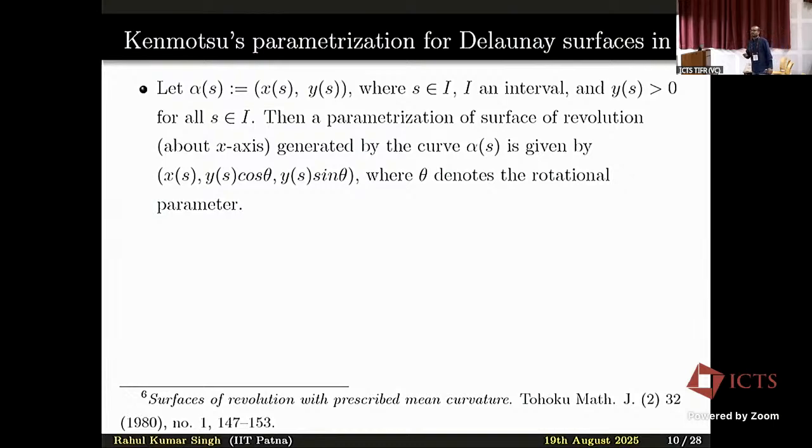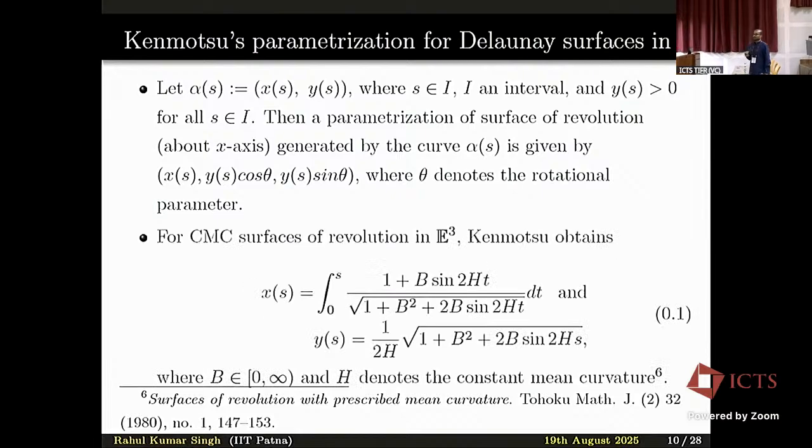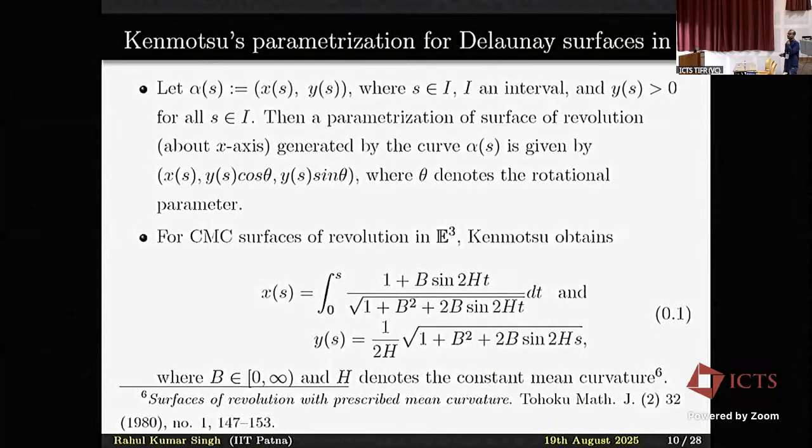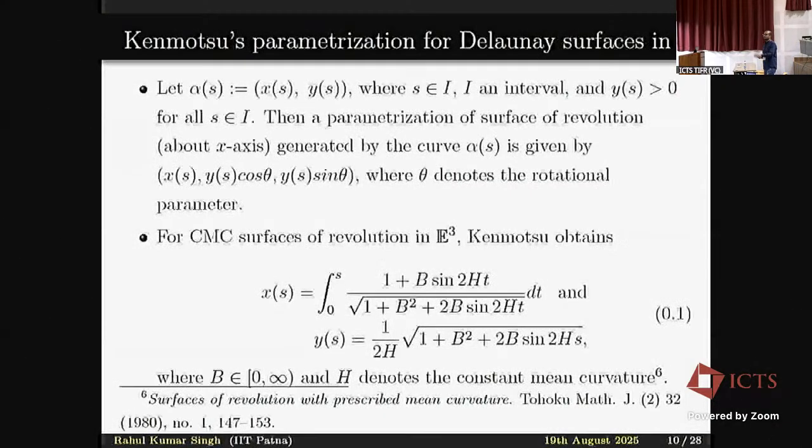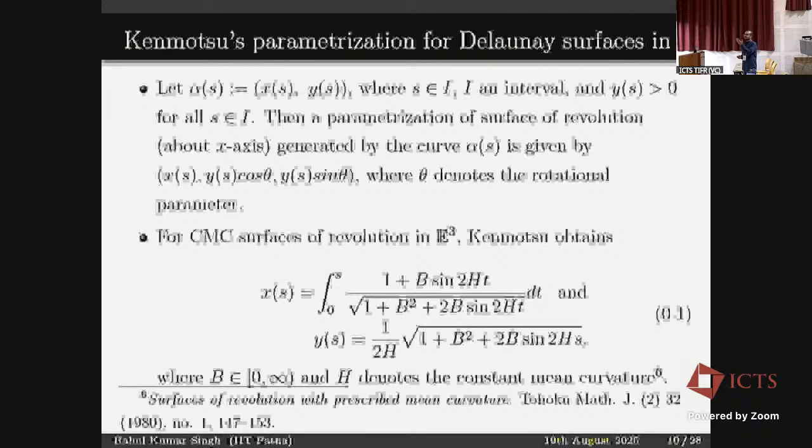Then you can write down this parametrization for the surface of revolution, where theta is the rotation parameter. Kenmotsu has shown the generating curves: when I say starting with this curve alpha of s, this is the generating curve which will generate the surface of revolution.